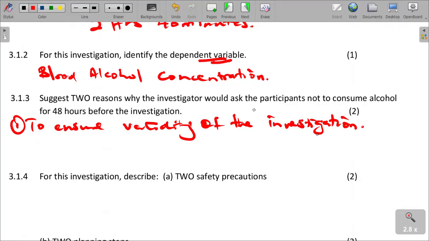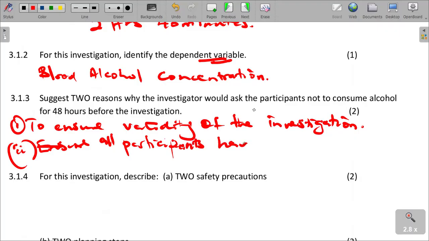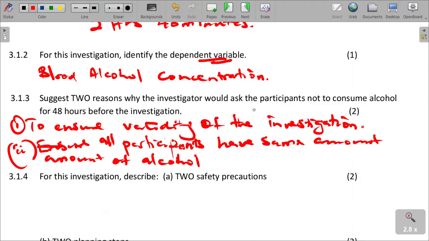Also, he wants to ensure all participants have the same amount of alcohol, or zero alcohol concentration.